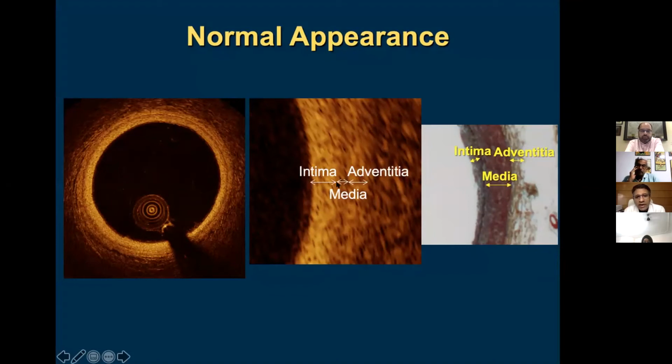So intima, media, and adventitia. This is as close to histopathology as you can get.